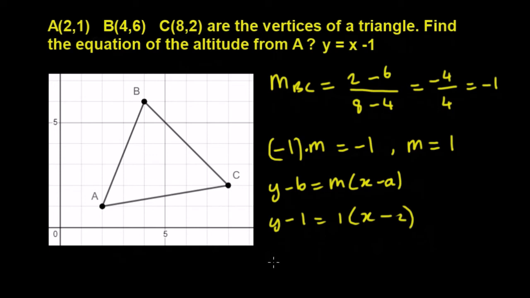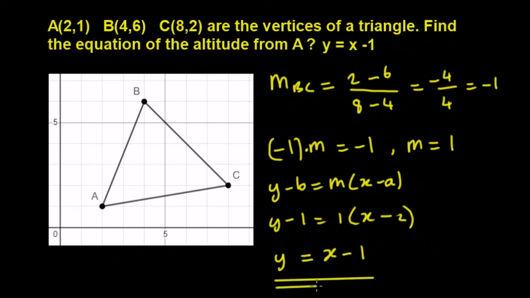And then we just transpose this. We're going to have y equals x minus 2, but whenever we take the minus 1 across, it becomes plus 1. So that's going to be y equals x minus 1. So that's the final answer.